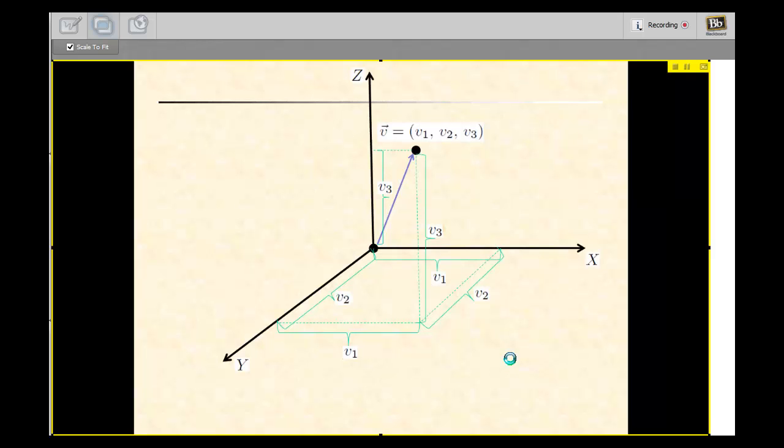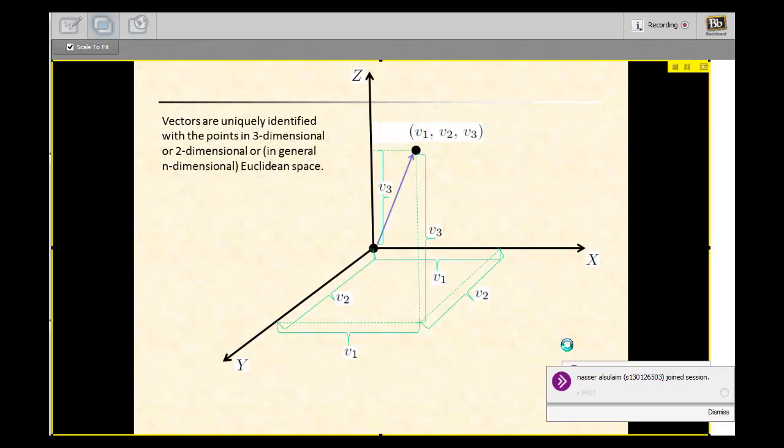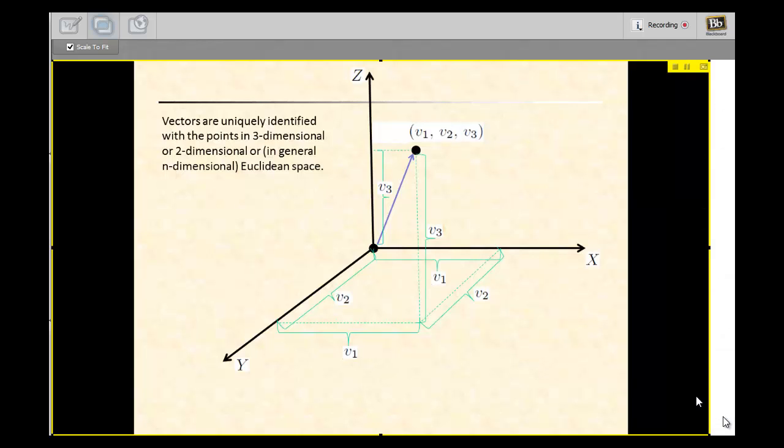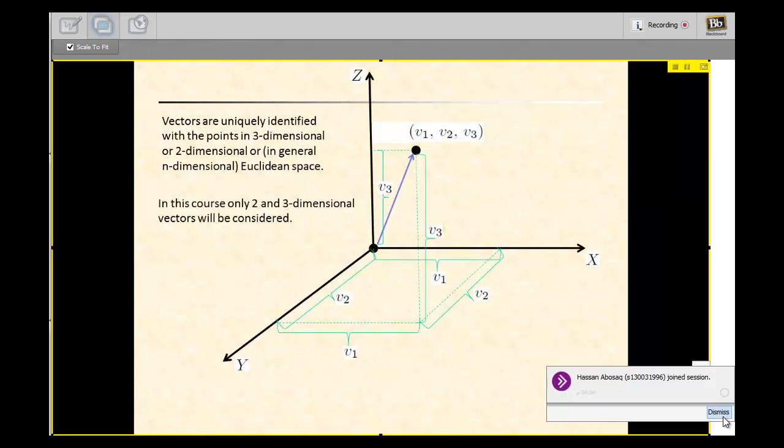So vectors are uniquely identified with the point in 3 dimensions or 2 dimensions, or in general n-dimensional Euclidean space. In this course, we will consider only 2 and 3 dimensional vectors. We are not considering 4 dimensions, 5 dimensions, or more. We will discuss only 2 or 3 dimensions.